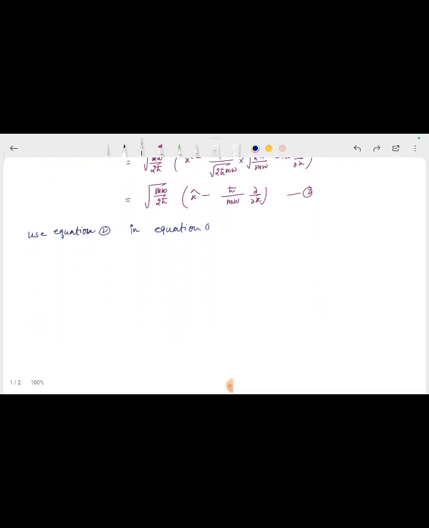So now psi 1 x is equal to root under mω upon 2ħ times x cap minus ħ upon mω del x acting on x 0, right?